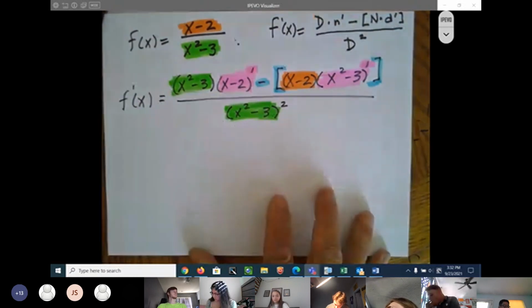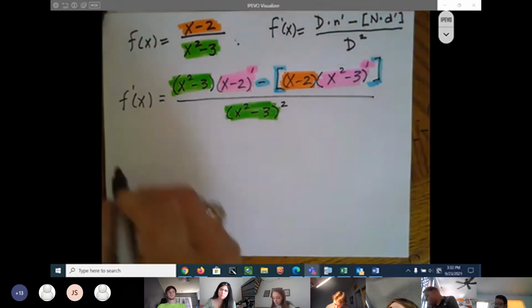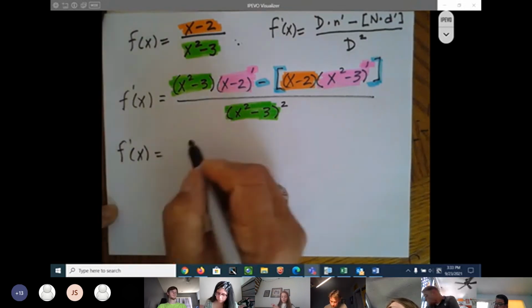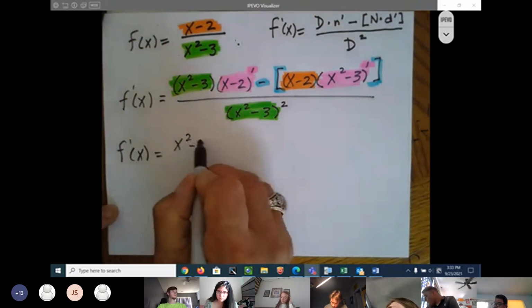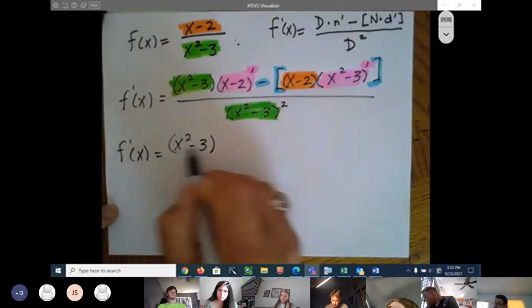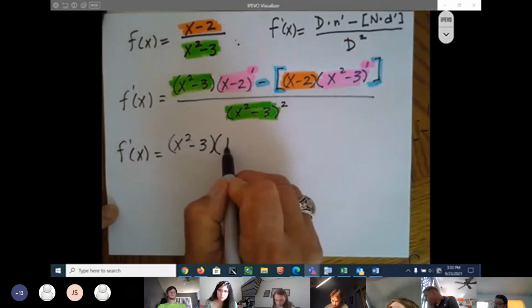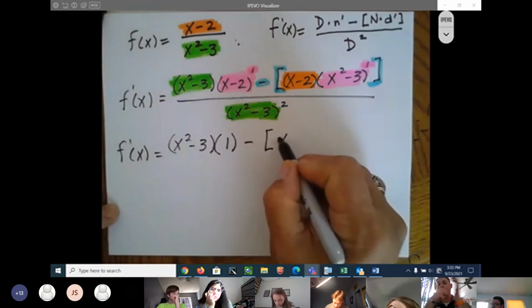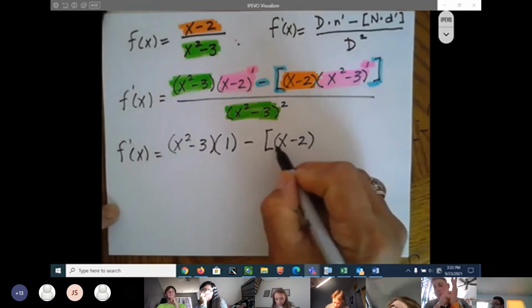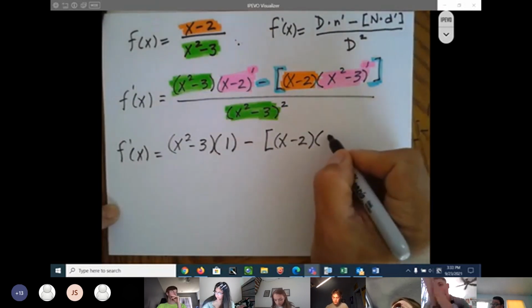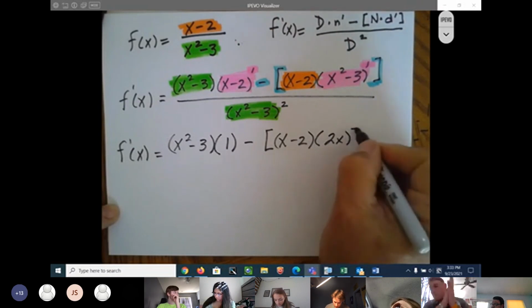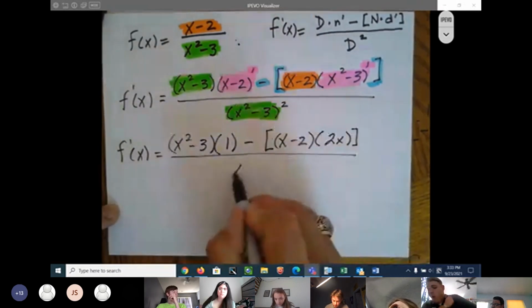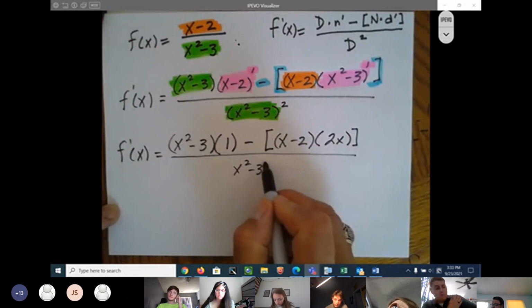So here we go. F prime of x is equal to x squared minus 3 times 1 minus parentheses x minus 2 times 2x all over x squared minus 3 squared.